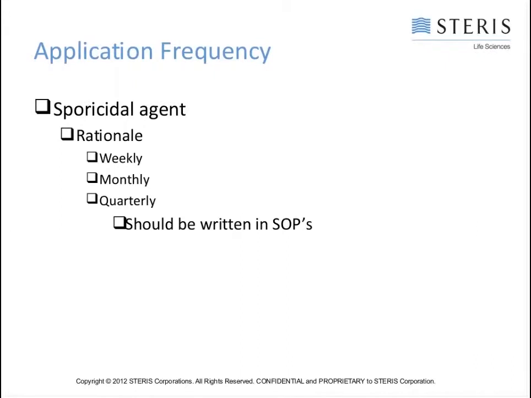And it should be written in the SOPs. That's why in the charts that I have provided, it says at the bottom in red, sporicide use dependent upon your EM data or what you see in your facility, because every facility is different. And you may see that you need it at certain times of the year, like I said.